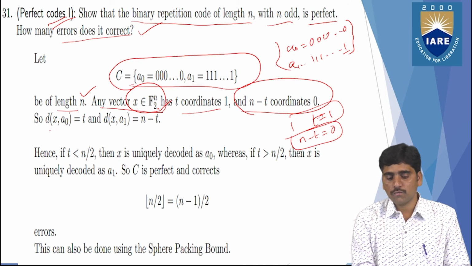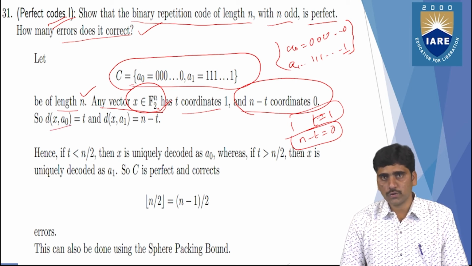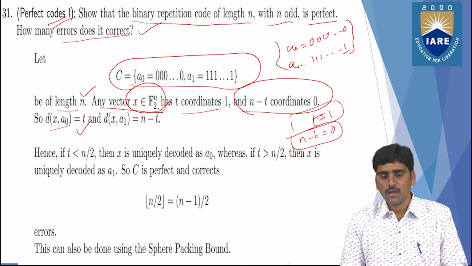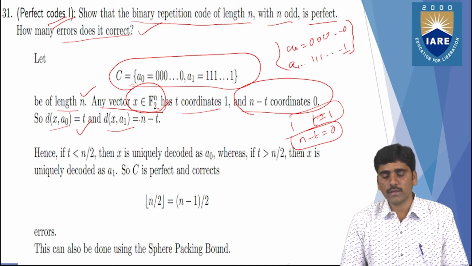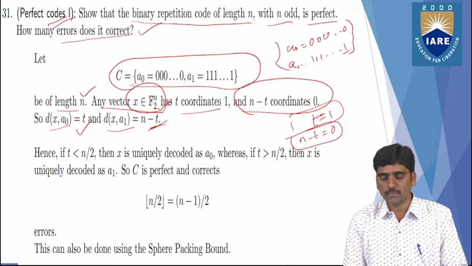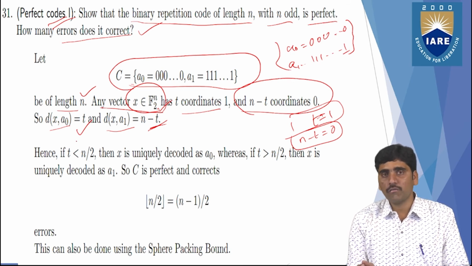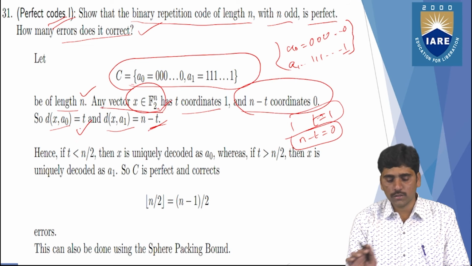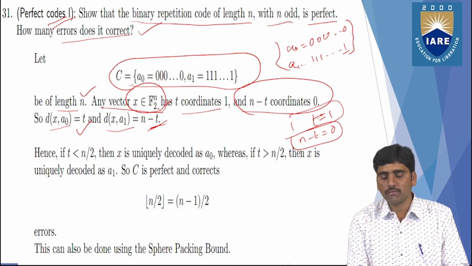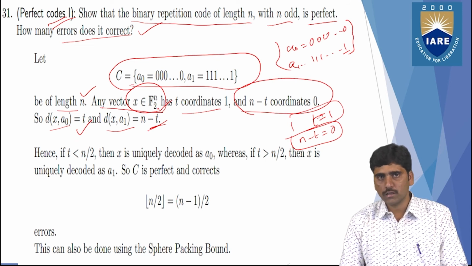So d of x comma a0 equals t, and similarly d of x comma a1 equals n minus t. From these two points, d of x comma a0 equals t and d of x comma a1 equals n minus t, right?